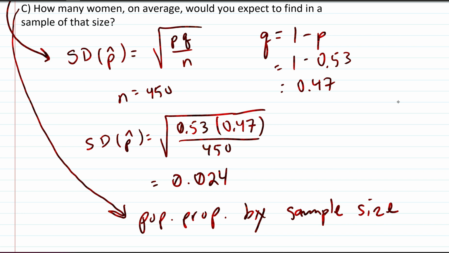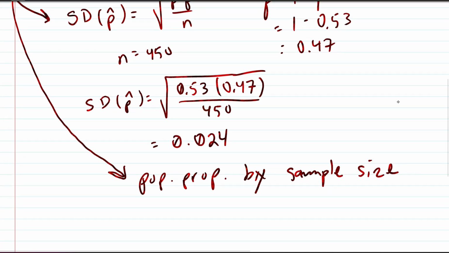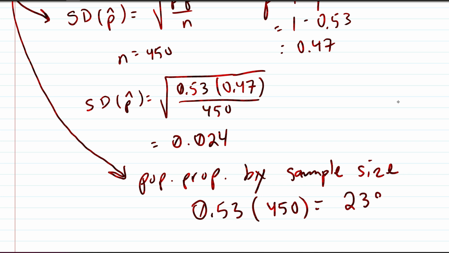So all that would be for us is the 0.53 times 450, and then that gets us 239. So we would expect to find 239 women in a sample of 450.